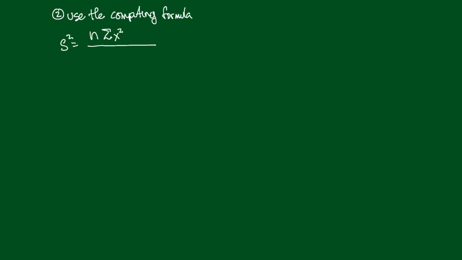So this says add up the squares of the individual pieces of data. Take each individual piece of data, square it, add them up, minus, and then you do this all at once here. Add up all the data values, add them all up first, and then square it. Divide by n times n minus 1.